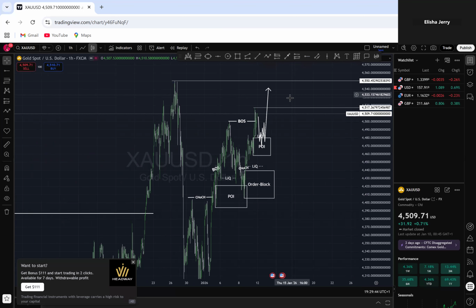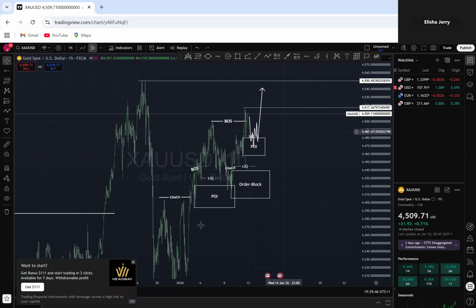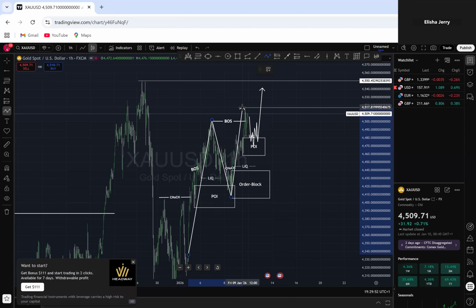But ideal take profits would be, if this is the last break of structure and this is the last high, before the market comes into this area or this area, we want to target here first. And then you want to protect whatever profits you have, and then you allow price to run into this.